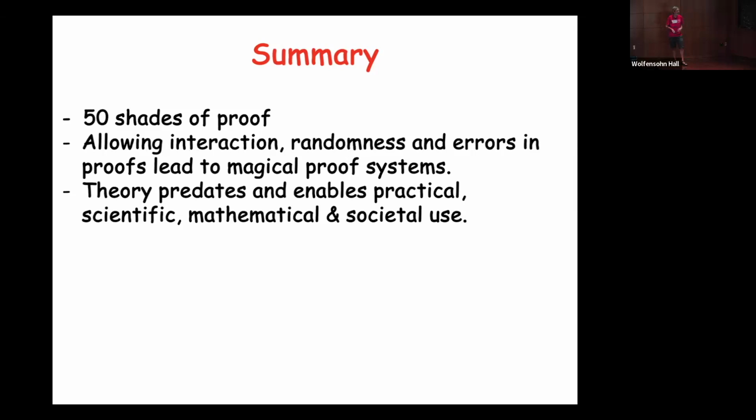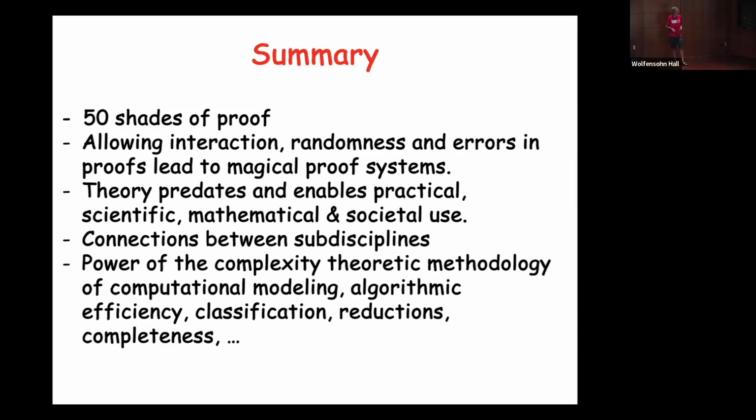This theory came first. There are amazing connections revealed between subdisciplines here: math, physics, and computer science. And I said it enough times, I think the methodology that is used caused this evolution, and yeah, I think it's wonderful.